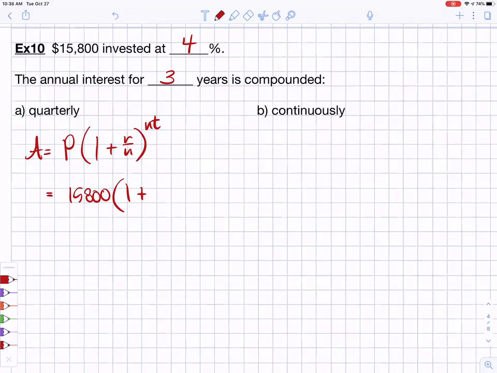It's 4%. How will I write it? 0.04. By the way, if we had used the 4.5% that Devin said, this would have been 0.045. Okay. Over N, what's my N for this question?